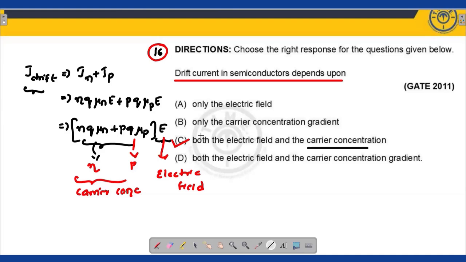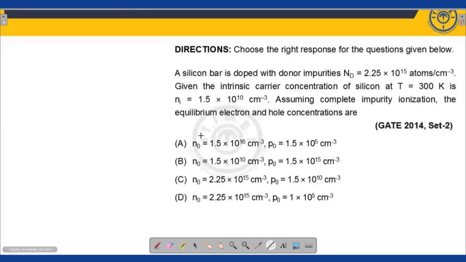Question number 17. You need to check and you need to get the answer, my dear friends. See, when I'm going for the question number 17 over here, a silicon bar is doped with donor impurities.